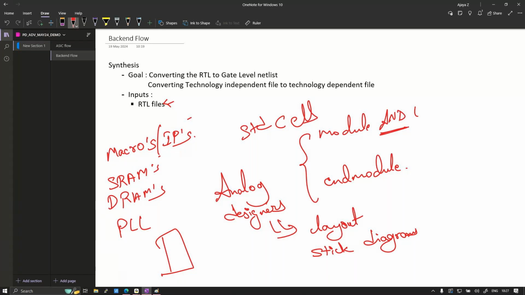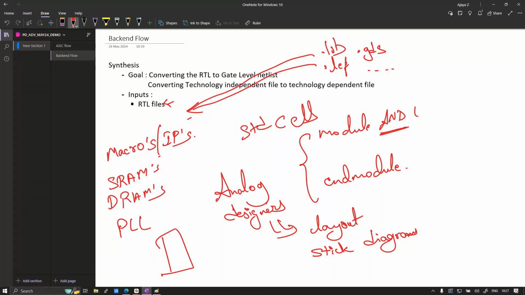So for each and every technology node, you should develop files called .lib, .lef, .gds. Like that, they will have multiple files. These files are what you will provide to the synthesis or physical design.